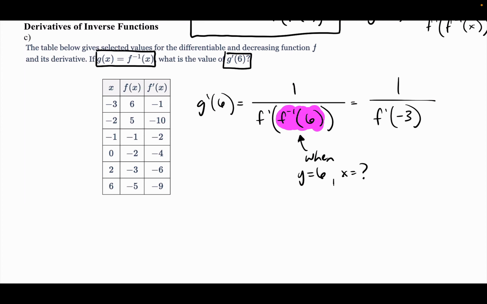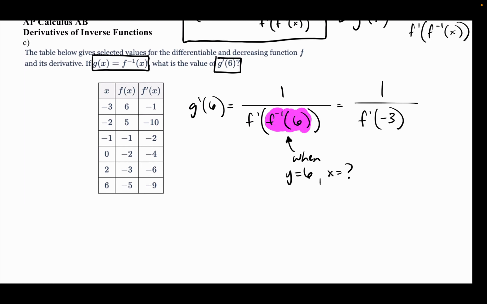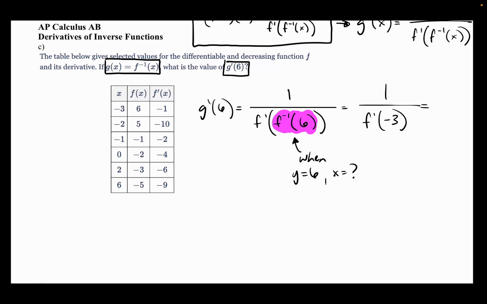Negative 3. Okay. F prime of negative 3 is negative 1. So it's equal to 1 over negative 1, which is the same thing as negative 1.